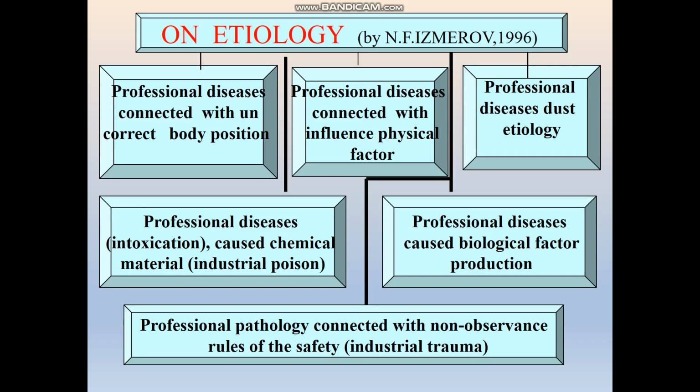Second, professional diseases connected with the influence of physical factors on the working organism, biological factors of production, chemical factors, professional diseases of dust etiology, and professional pathology connected with non-observance of safety rules.